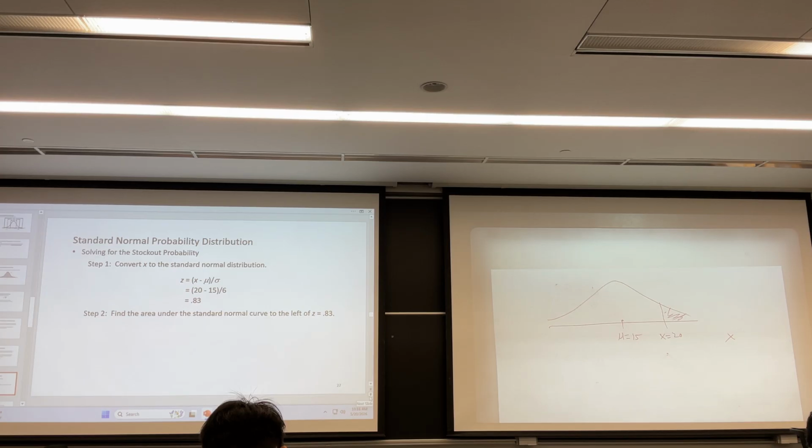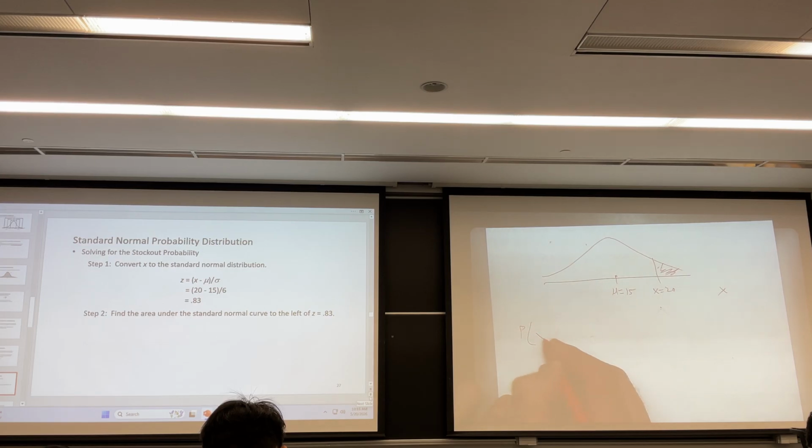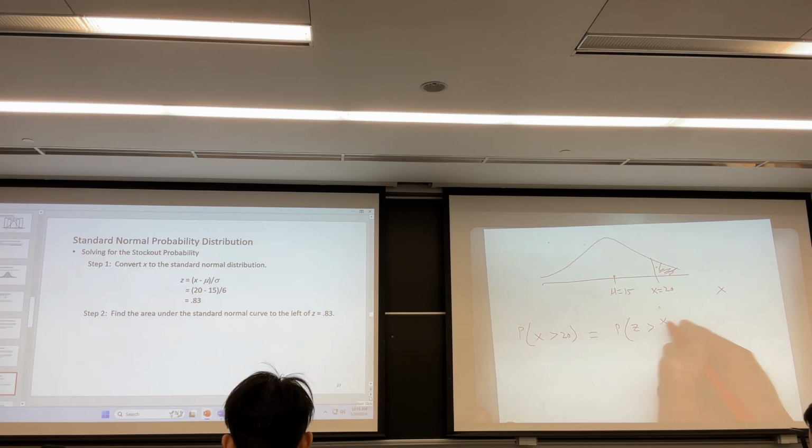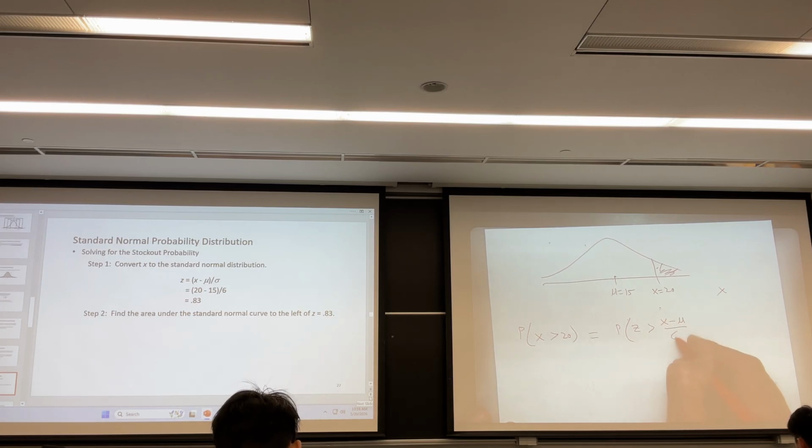Now, what you do is you convert into Z distribution. So, probability X is greater than 20. X is 20. Standard deviation is about 6.